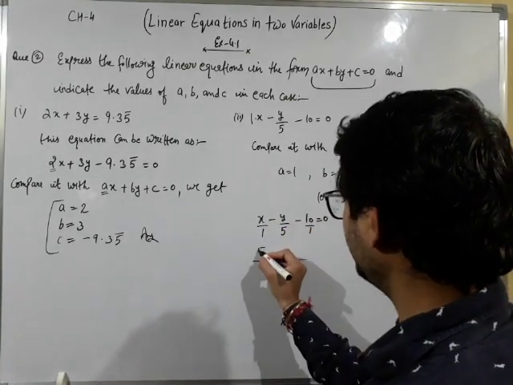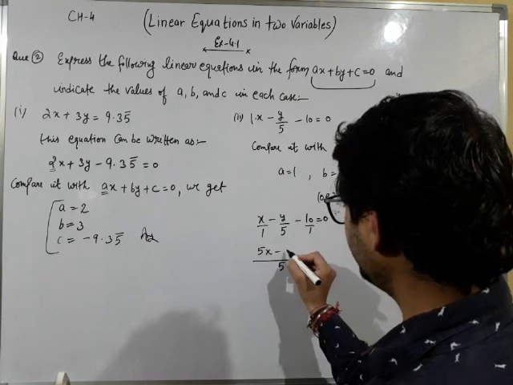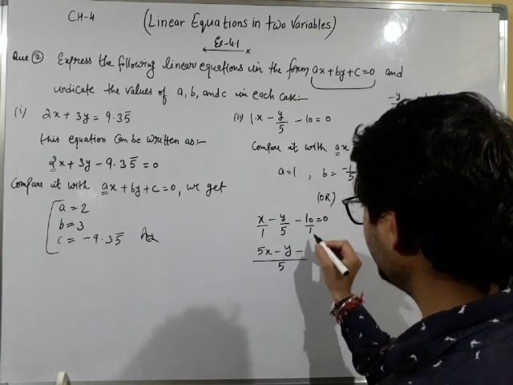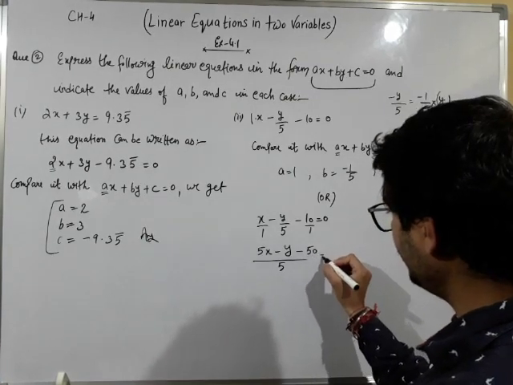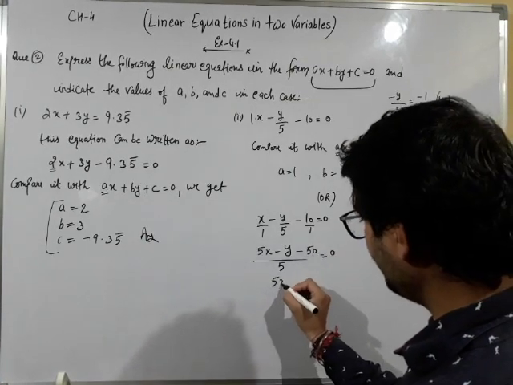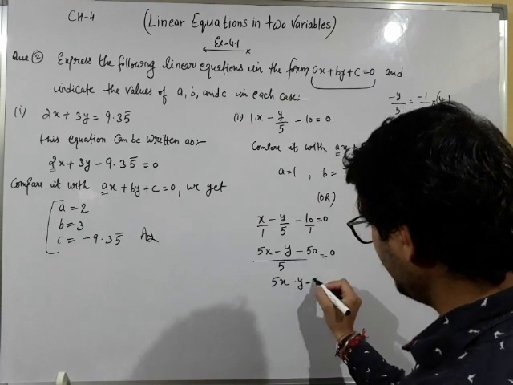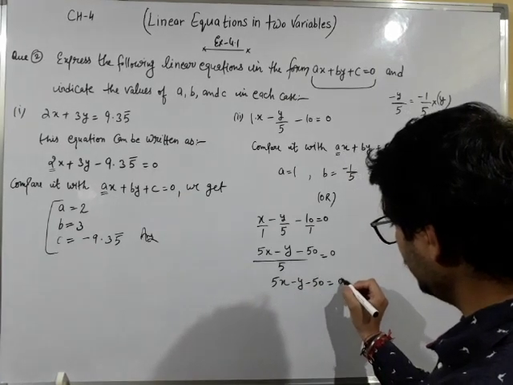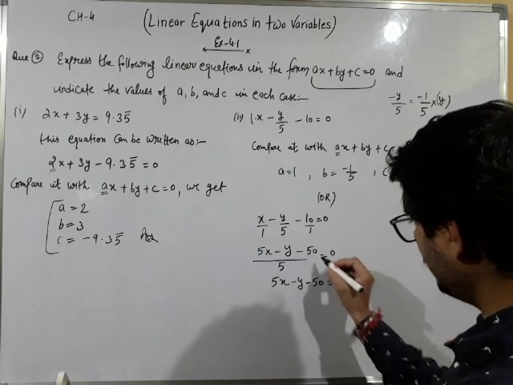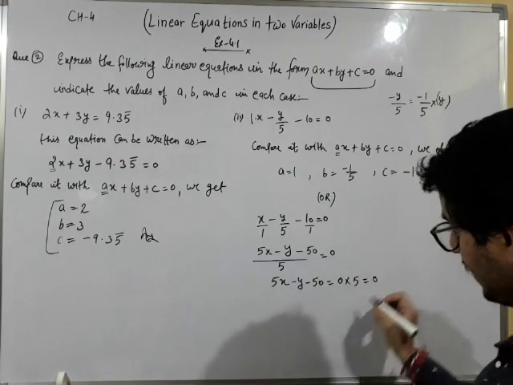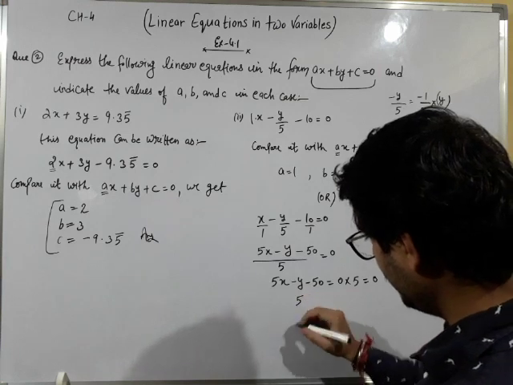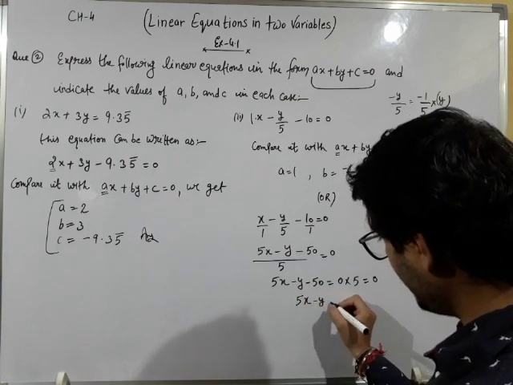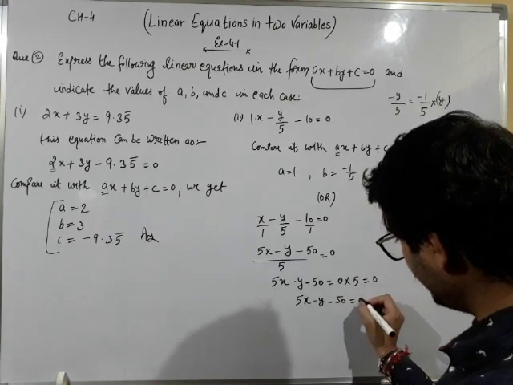It can be written as 5x minus y minus 5 into 10, 50, is equal to 0. 5x minus y minus 50 is equal to 0 multiplied by 5. Cross multiplying, it will be equal to 0. So 5x minus y minus 50 is equal to 0.